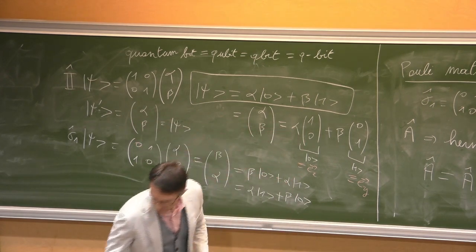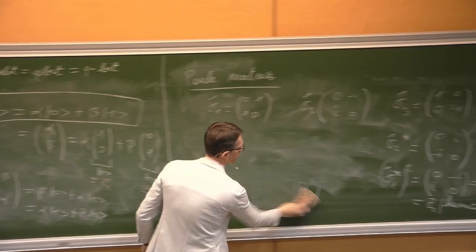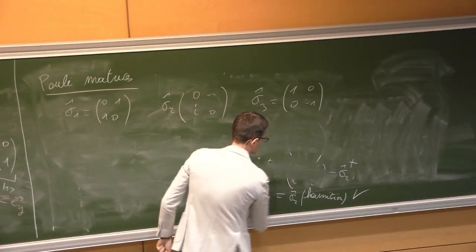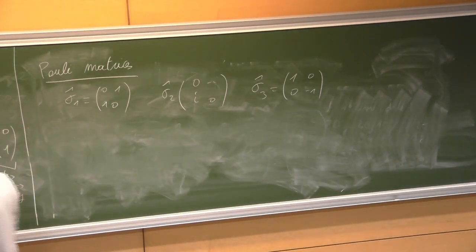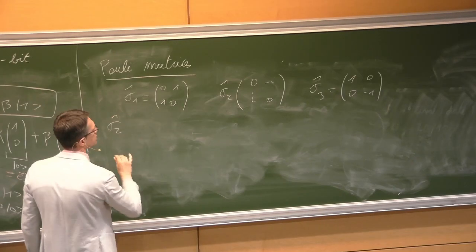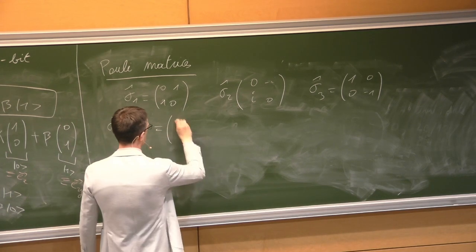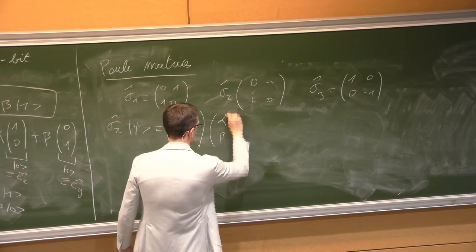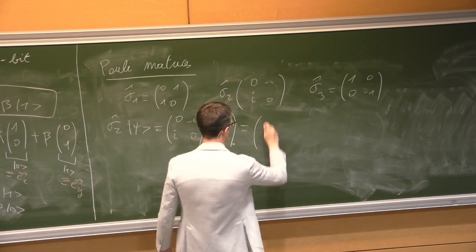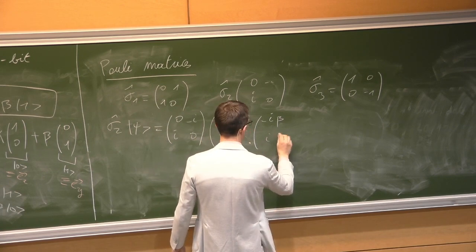I can look at the other two. So sigma 2, for instance. Sigma 2 applied to psi. That would be 0, minus i, i, 0, applied to alpha beta. That would give me minus i beta, and then i alpha.